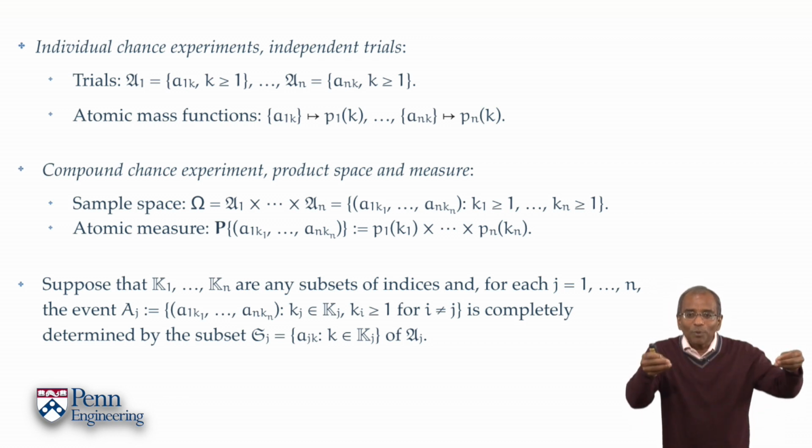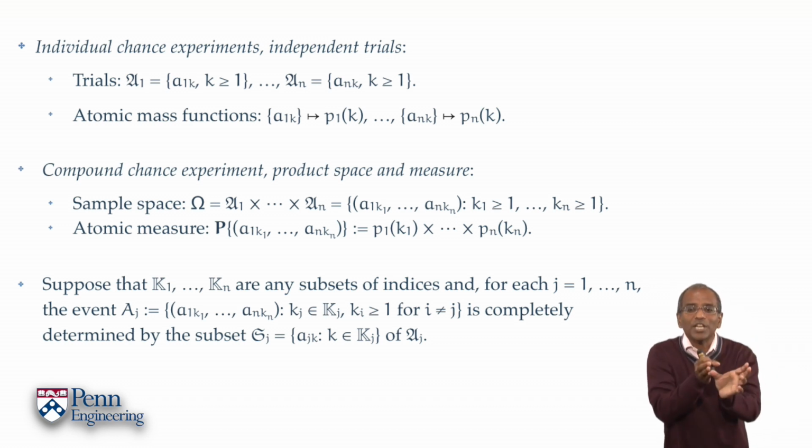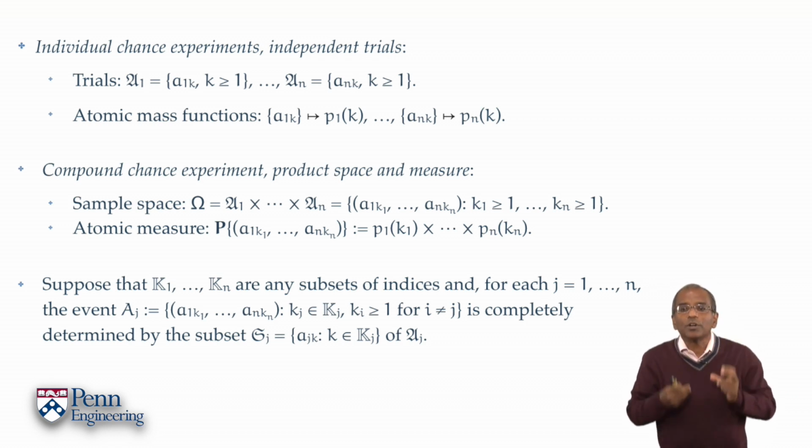Identify in the space of possibilities for Gothic A j a set of indices, blackboard K sub j, which represent elements of the jth trial which can trigger your event. Identify the event A j with the occurrence of those possibilities in the jth trial. Formally then, A sub j, clearly as an event, has to be a subset of the sample space.